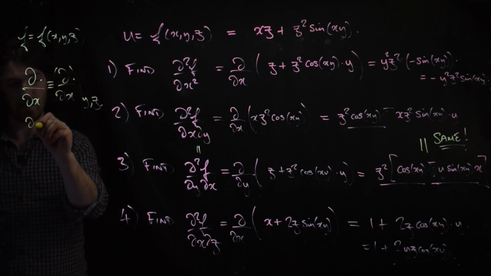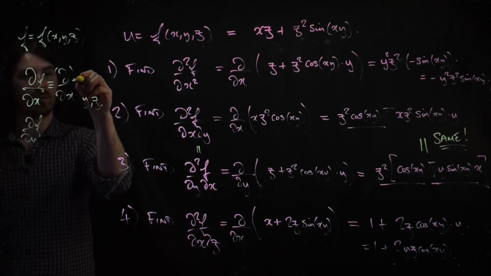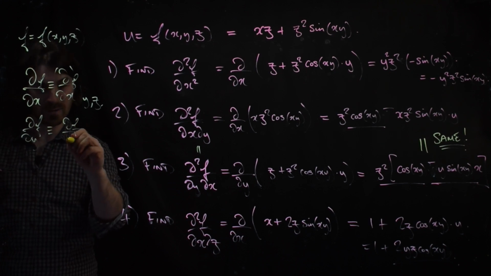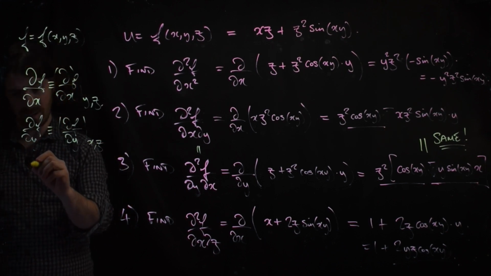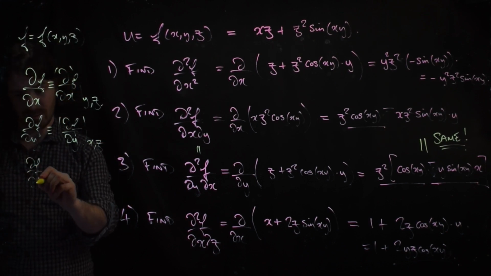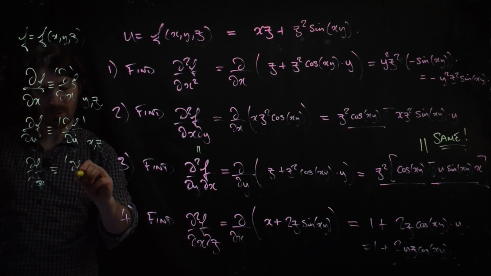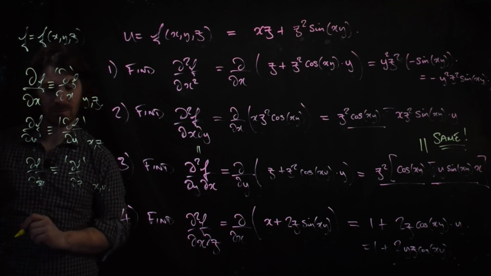And df by dy means differentiate f with respect to y, holding x and z constant. And finally, df by dz means differentiate f with respect to z, holding x and y constant.